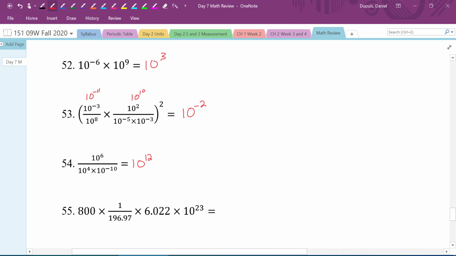All right. Now, 55. This is a good one. 800. This is really close to 200, isn't it? So 800 divided by 200, which is 8 divided by 2. 8 divided by 2 is what? 4, right? So overall this is 4 times 6. 6 times 4 is 24 times 10 to the 23rd, or 2.4 times 10 to the 24th.